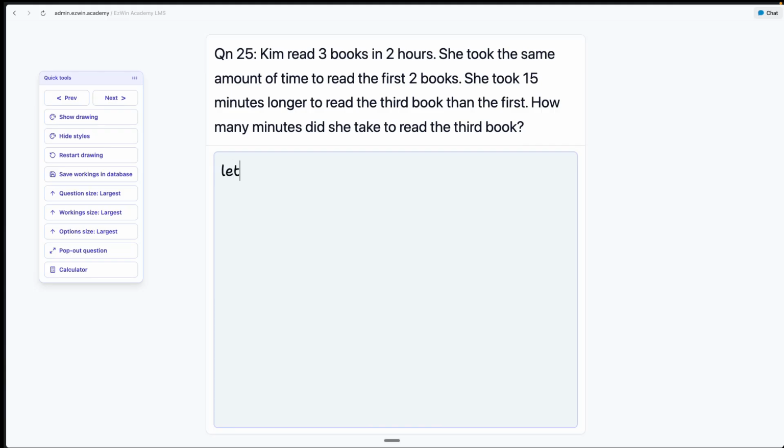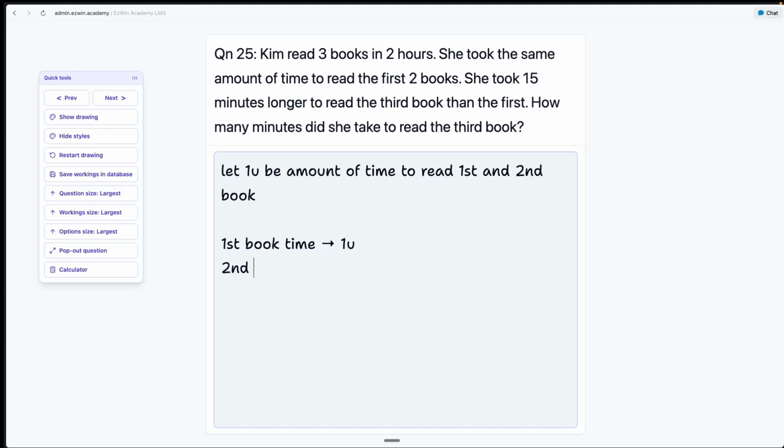Okay, so let one unit be the amount of time to read the first and second book. So what does this look like? First book time is equal to 1 unit. Second book time is equal to 1 unit.